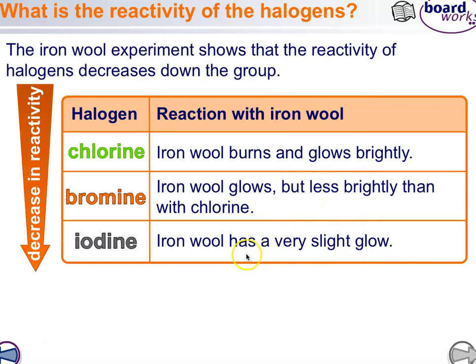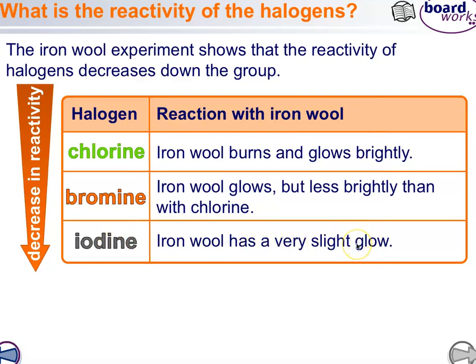If you react chlorine with iron wool, the iron wool burns and glows brightly. If you react with bromine, the iron wool glows but less brightly than in chlorine. And if you do that with iodine, the iron wool has a very slight glow.